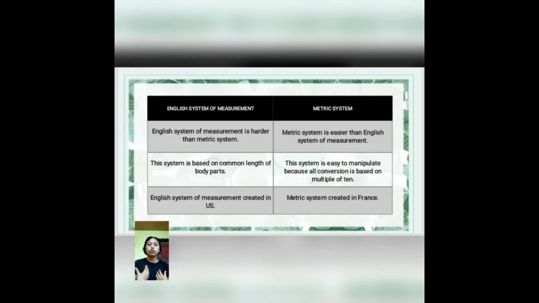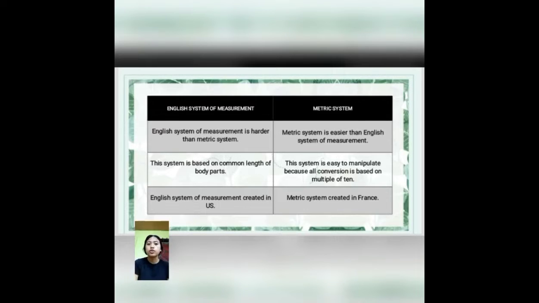While the metric system is easy to manipulate because all conversion is based on multiples of 10, which means na mao din sayon ang metric system because magamit siya og the power of 10. The metric system uses the power of 10.